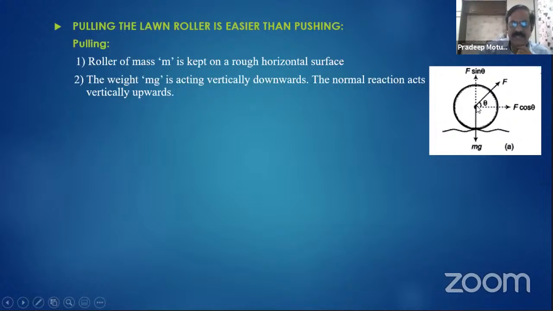That means the weight mg is acting vertically downwards. So there is a force exerted upwards by the surface. That force is called the normal reaction, N. Here the normal reaction acts perpendicular, upwards. You know this from our previous topics.